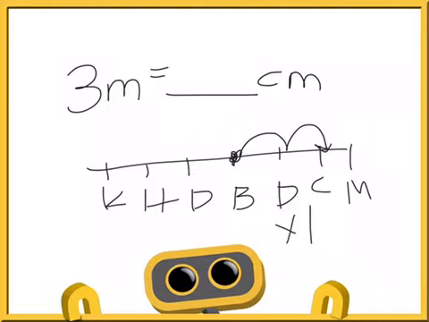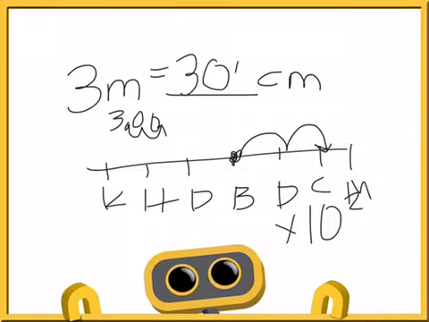In other words, I'm multiplying by 10 to the second power. So I'm going to take my number 3. My decimal point in the number 3 is at the end. I'm going to move it 2 places to the right. Zeros fill in those placeholders. Therefore, in 3 meters, there are 300 centimeters. So all I did was use this number line to move my decimal.